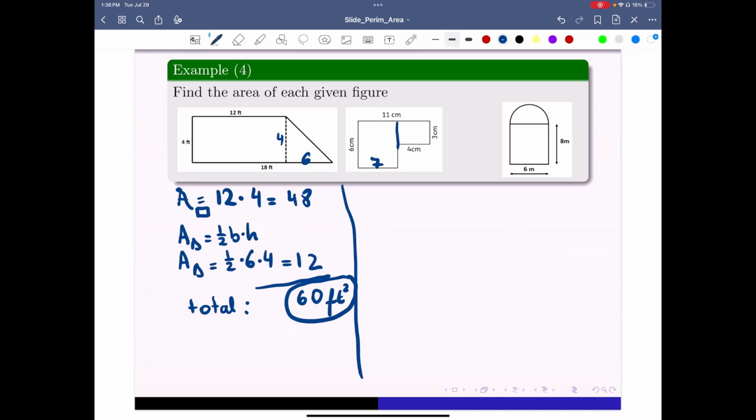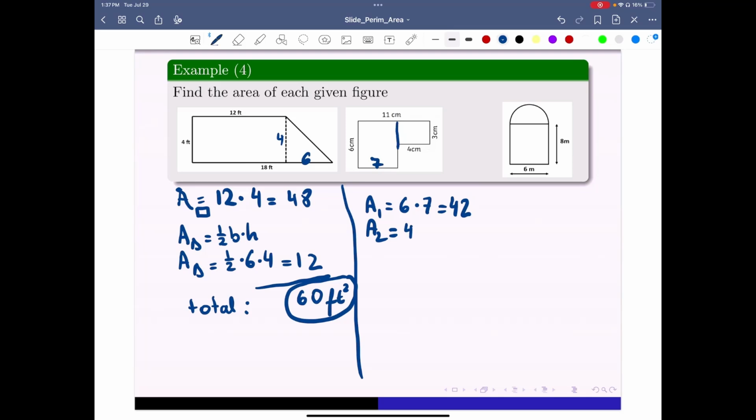So now we have area, we can call it area of first rectangle. Area 1 would be 6 times 7, so this area is 42, and area 2, of the smaller rectangle would be 4 times 3.